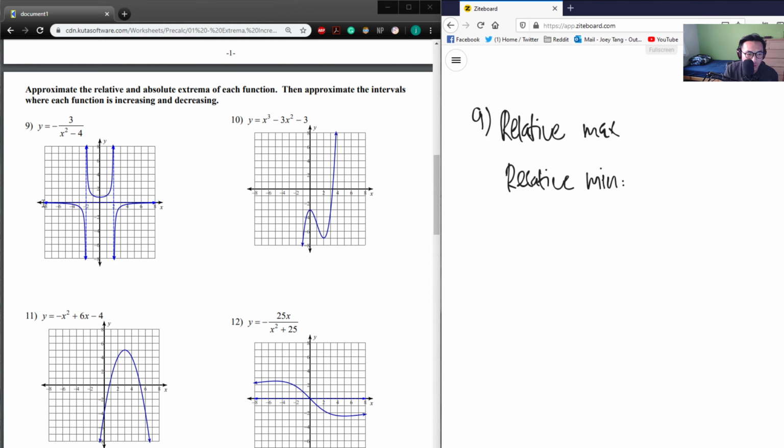So if I look at my graph here, this is increasing towards 0 here, and then it's decreasing, but I don't have a maximum here. There's no point where it's going from increasing to decreasing. This is always a period of increase, and this is always a period of decrease here. So I don't have a maximum or a local max here.